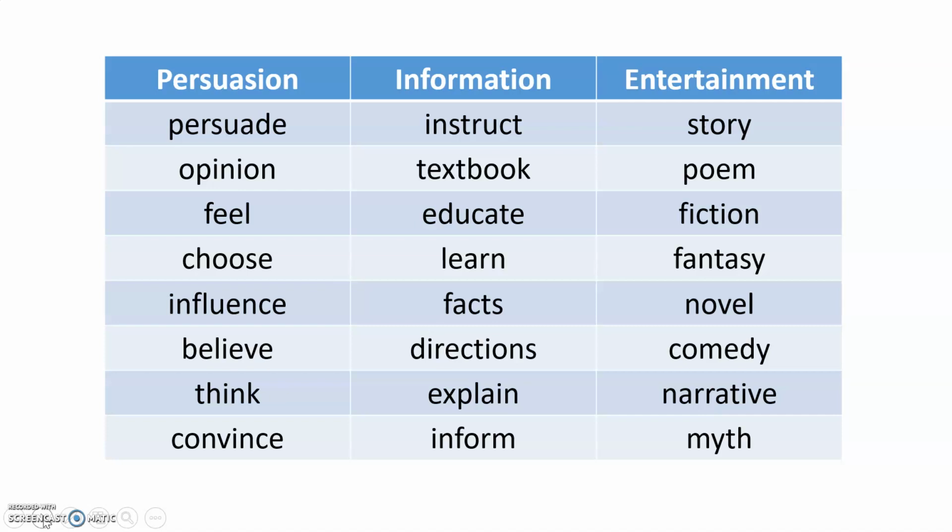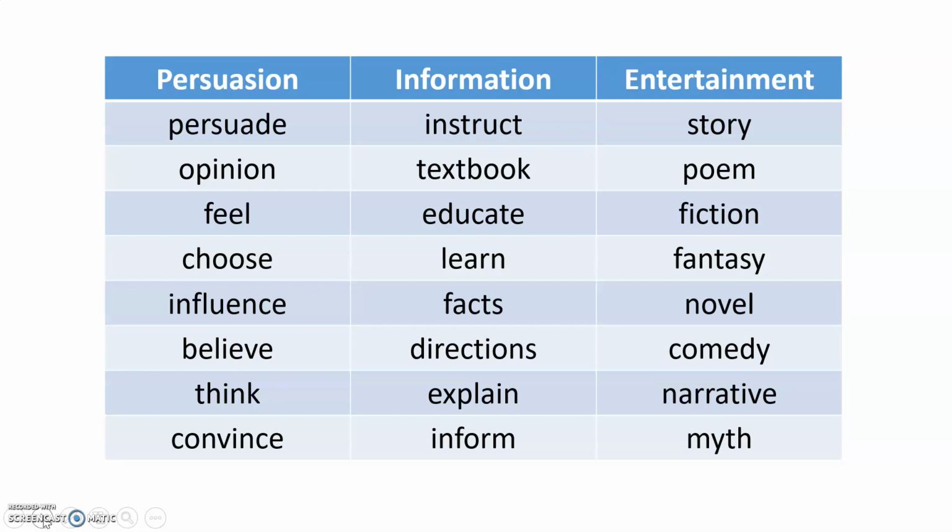So, persuade. If an author's writing to persuade, they're often going to give you their opinion. It might even have the word opinion in it. If you look at that first column there, feel, they might say, oh, I feel this way, or you should feel, okay? They want you to choose something maybe or do something.